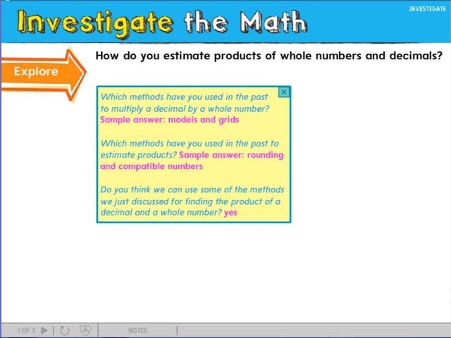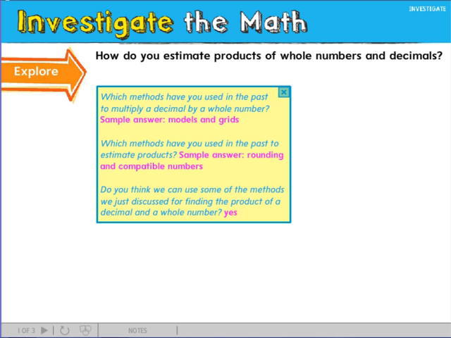All right. So how do you estimate products of whole numbers and decimals? Well, in the past we've used models and grids to multiply whole numbers. Right? That was when we used our base 10 blocks. And then to estimate, we did rounding and compatible numbers.